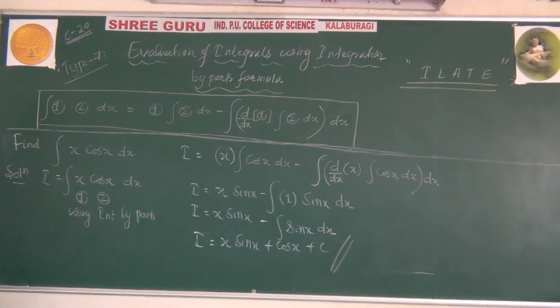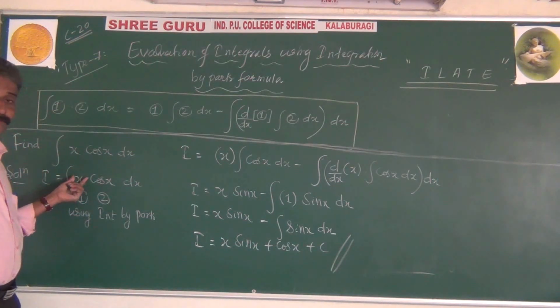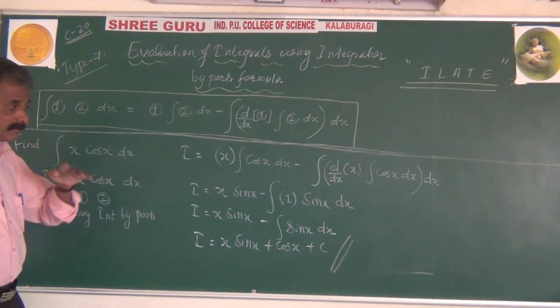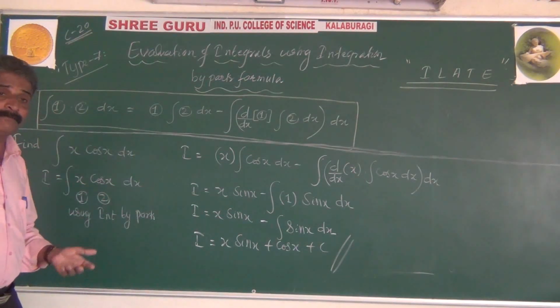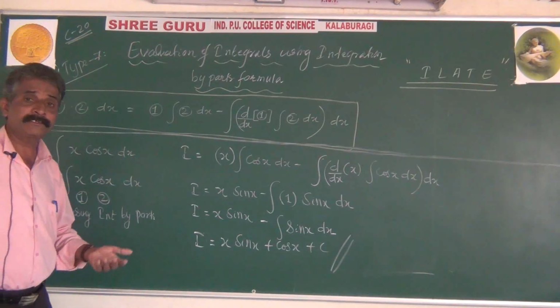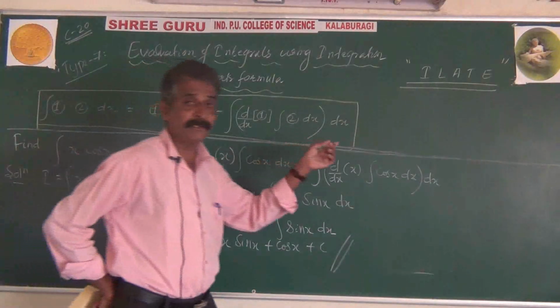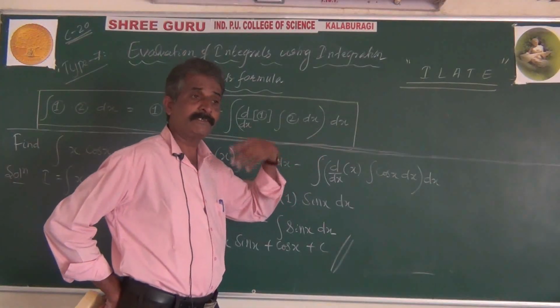By chance, if you have taken cos x as first function and x as second function, what happens is that the first function cos x stays as it is, and integration of x becomes x square by 2. That means originally we had x power 1, but after integration it becomes x square, so the power goes on increasing, and thereby you get once again integration of sin x into x square, once again by parts.